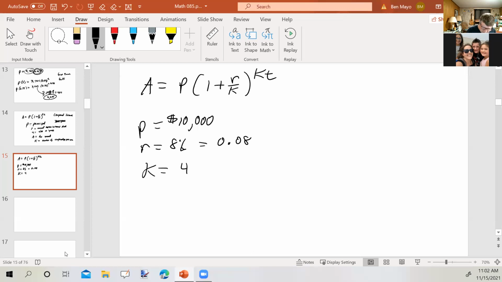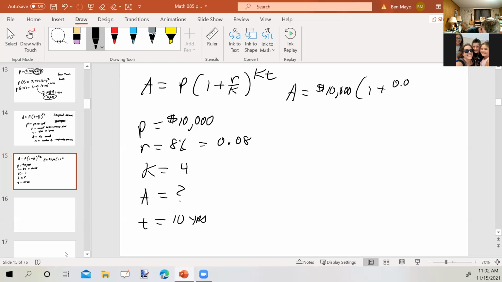How much will be in the account? So that's our unknown after 10 years. Okay, so we know everything except A. So A equals 10,000 parentheses 1 plus 0.08 divided by 4, all raised to the 4 times 10 years.